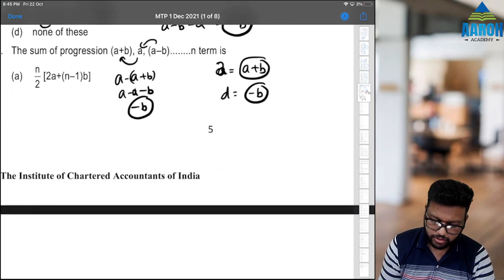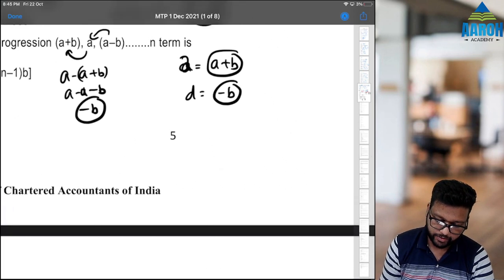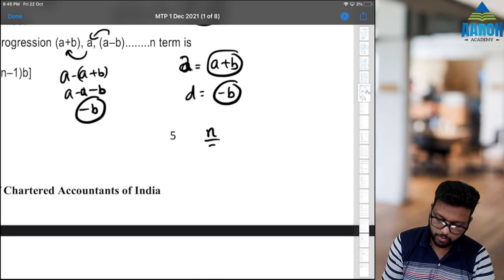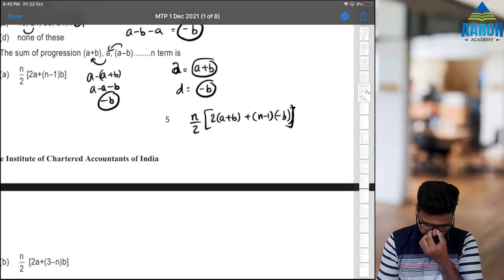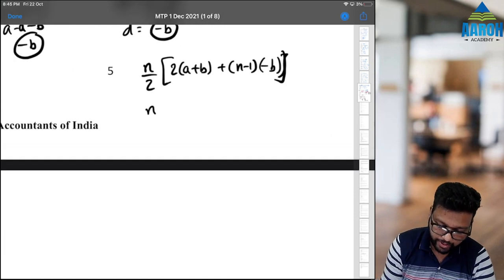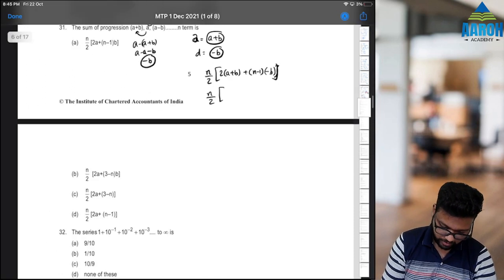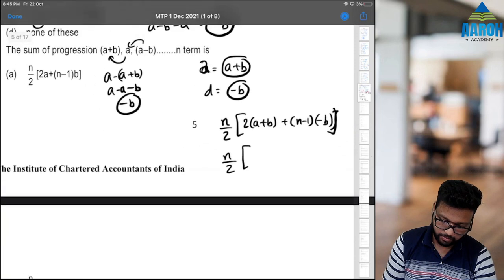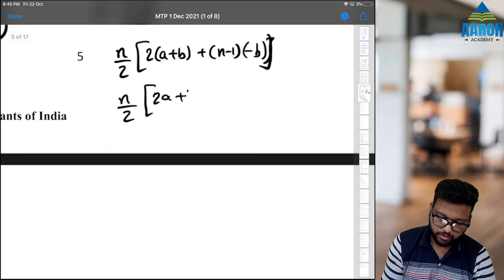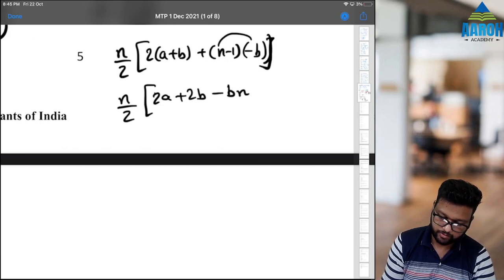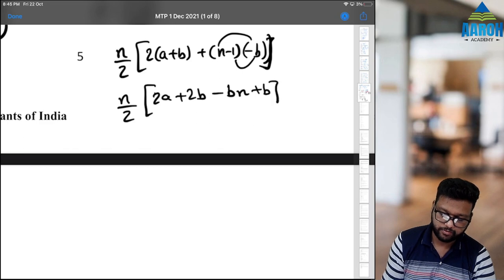Fine. So we know the formula of Sn. What is the formula of Sn? N by 2 into 2A plus n minus 1 into D. Right? Let's see. Okay, we just have to simplify. N by 2 into, I guess they have opened this bracket. Yes. So 2A plus 2B minus B into n, that is minus Bn, and plus B. Right.